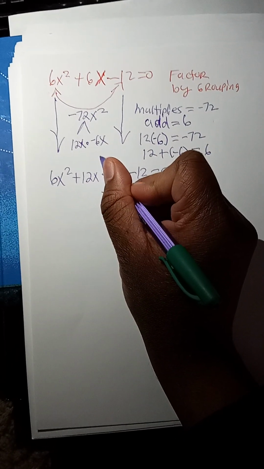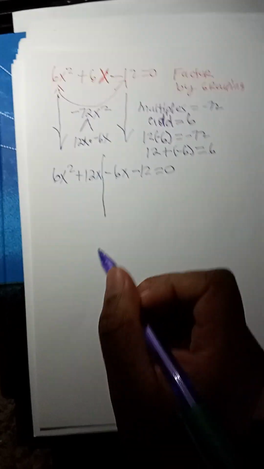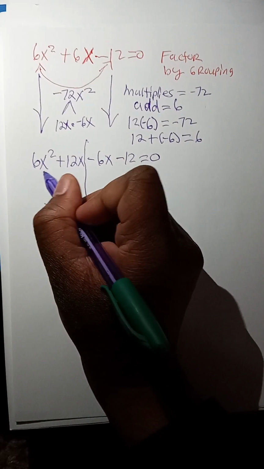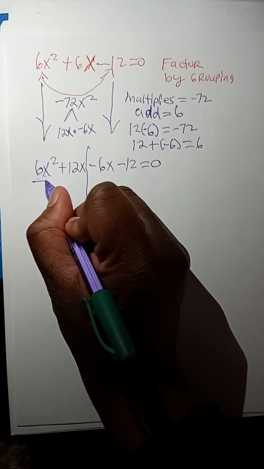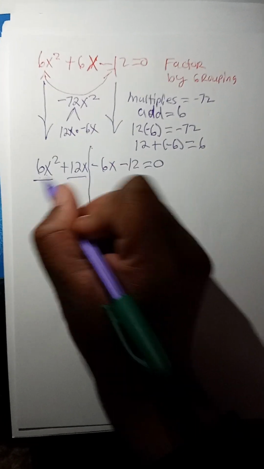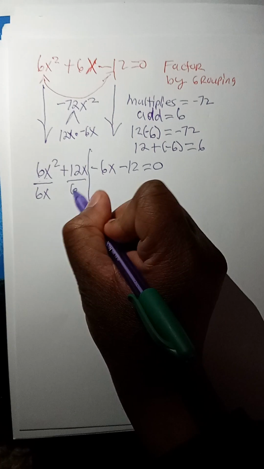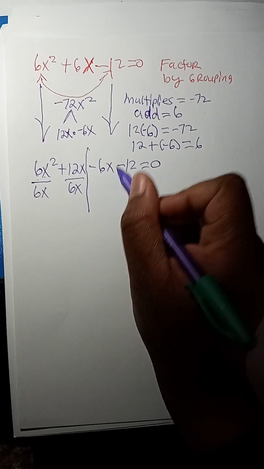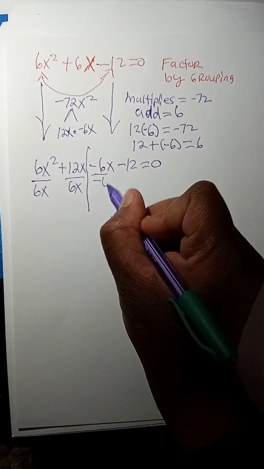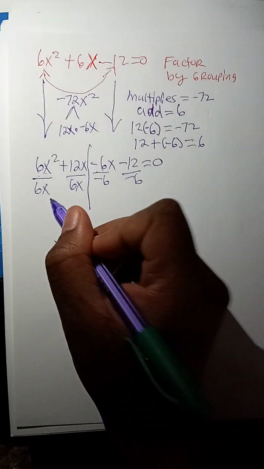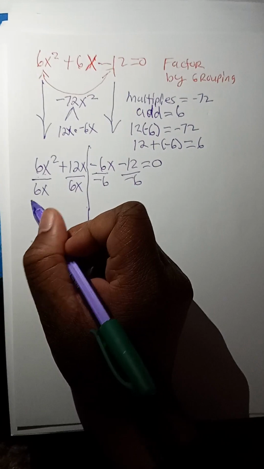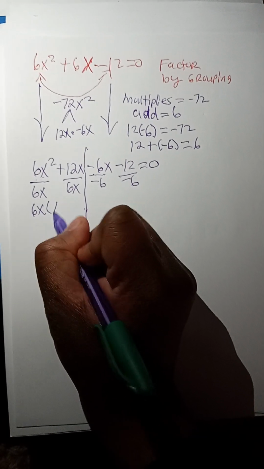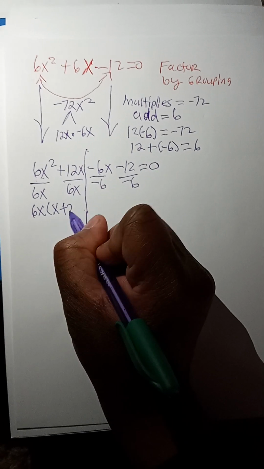Then we split this in half. So we want to find the greatest common factor on either side of the divider line. So 6x squared and 12x have 6x in common, and negative 6x and minus 12 have negative 6 in common. So on the left hand side, we'll pull a 6x out, and then we're left with x plus 2.